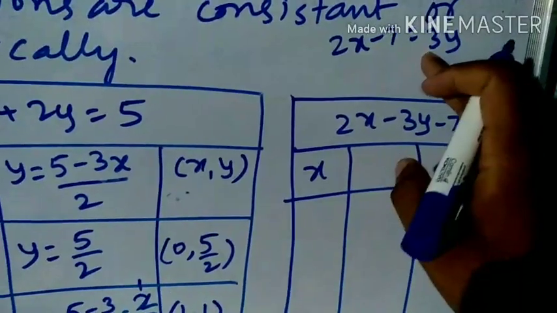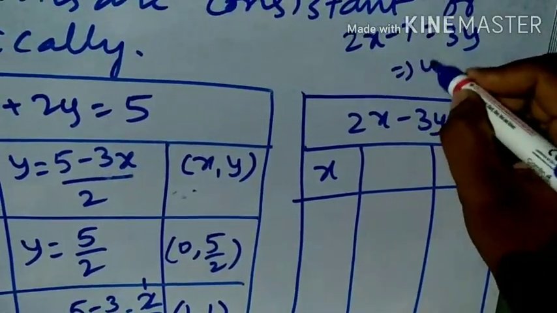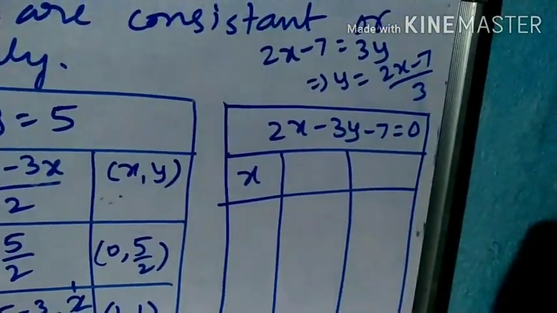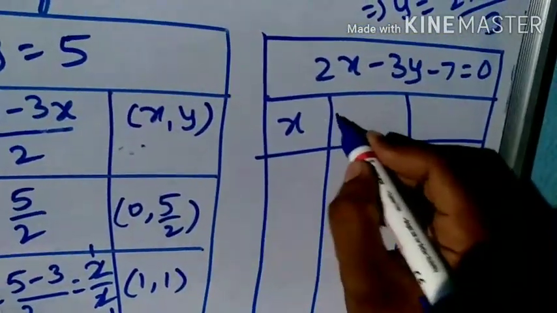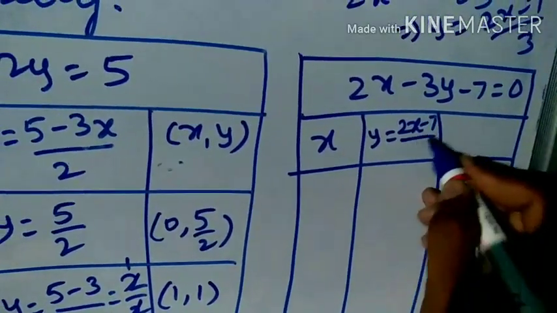So next, transpose 3 to LHS. This implies y is equal to 2x minus 7 by 3.